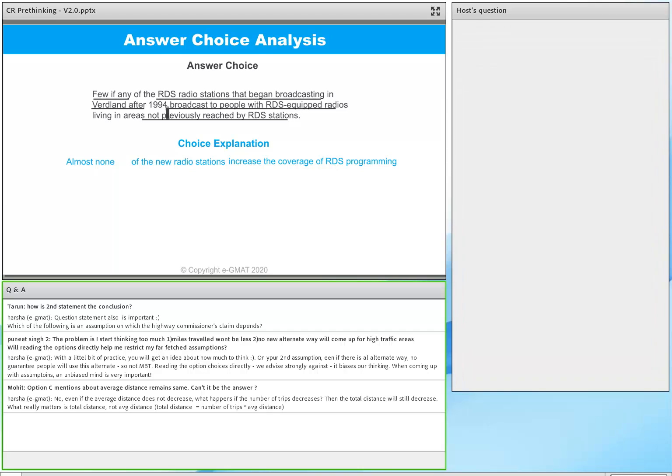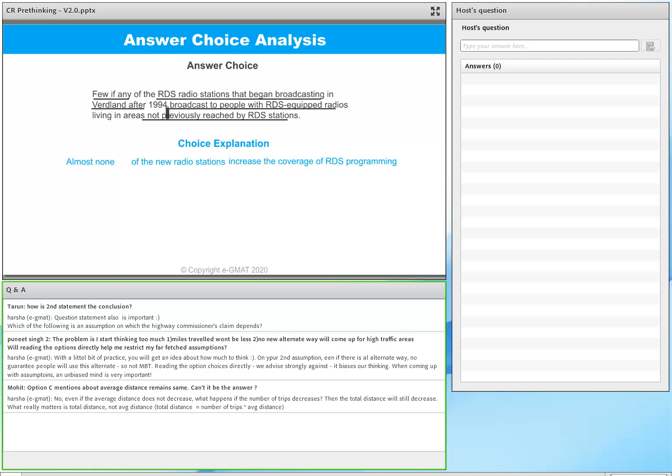Which stations began broadcasting after 94? The new stations, the ones that are put in place, right? From 250 to 600, the delta. These are special stations, yes, but these are the new stations, that began broadcasting after 94, broadcast to people with RDS equipped radios living in areas not previously reached.